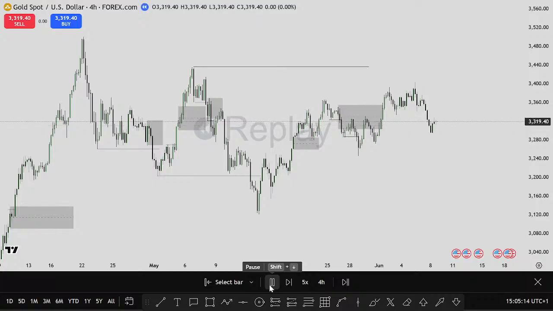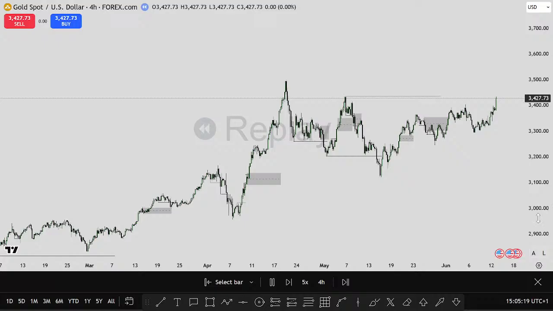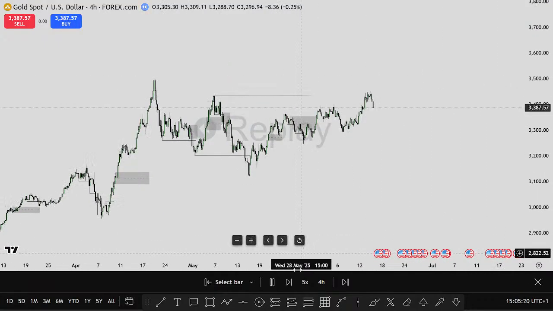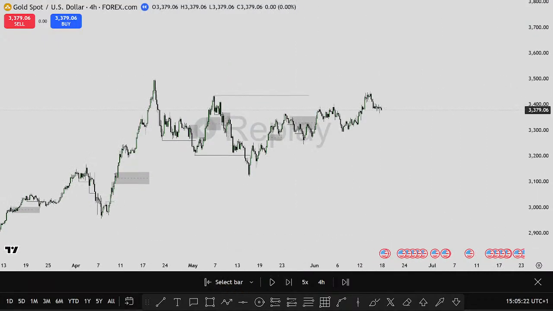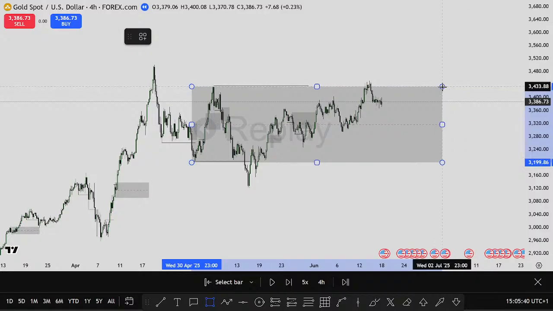Now, I'm going to ascertain the range high and the range low. So in this case, what I'll be waiting for is for price to break out like this from here.